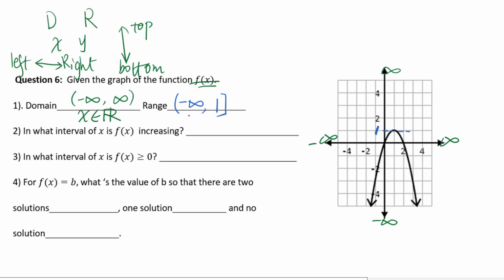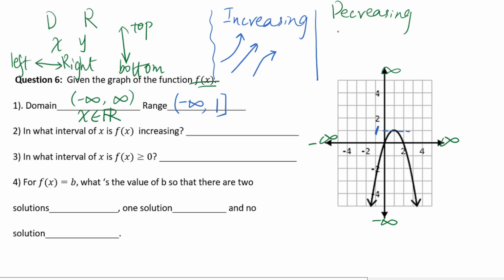1 is a bracket. Number 2, in what interval of x is f of x increasing? Think about the increasing function. You have 3 types of increasing function, like this, or straight line, or like this. For the decreasing function, you have this type of decreasing line, linear function with a negative slope, or go this way.